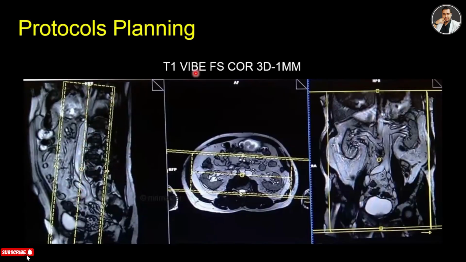So this protocol, T1 Vibe fat set coronal 3D 1 millimeter, should be taken after 5-minute post-contrast, and then 10-minute post-contrast, 15-minute post-contrast, and 20-minute post-contrast. So if you didn't get the ureter properly, you can take this protocol even half an hour post contrast to visualize the ureter properly.